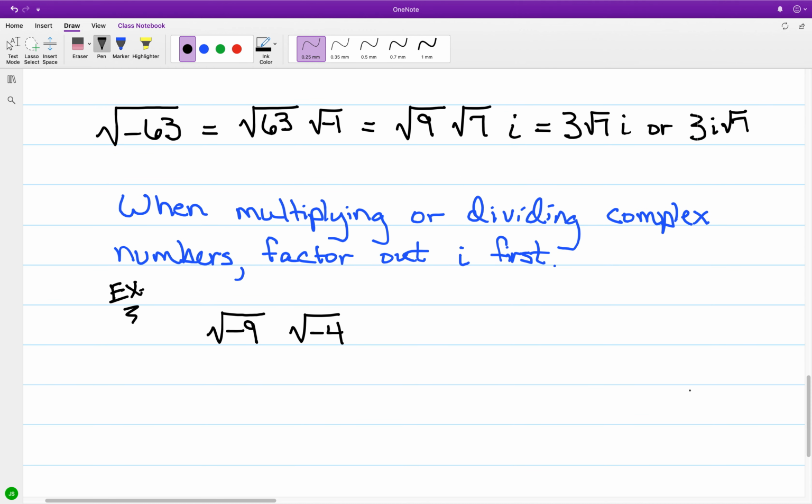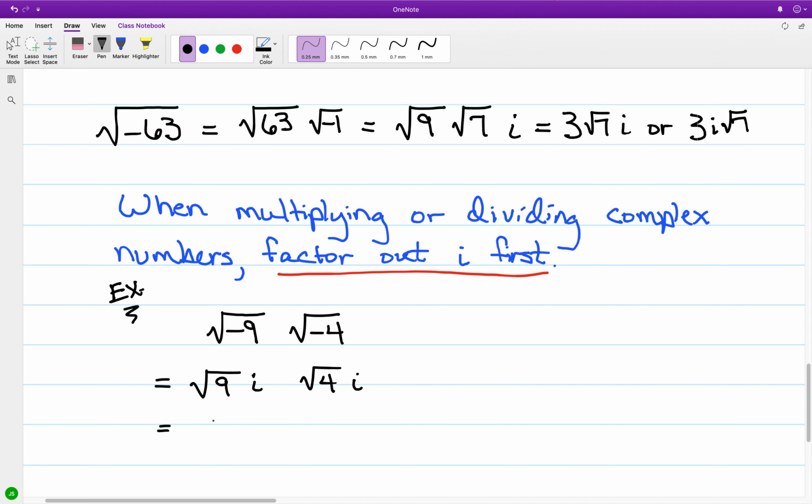What you're going to do here is not take the square root of -9 times -4. Again, you're going to factor out i first of all. So for the setup, for the square root of -9, we have the square root of 9 times i. For the square root of -4, I have the square root of 4 times i.